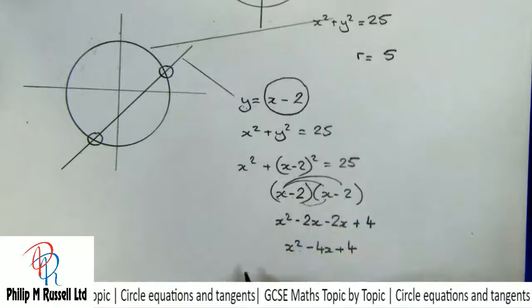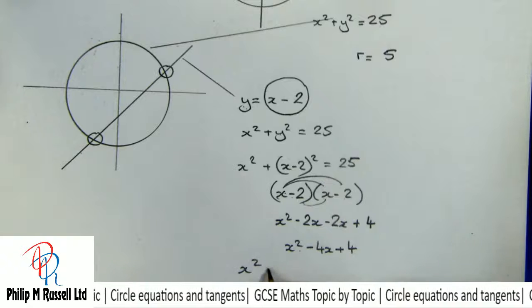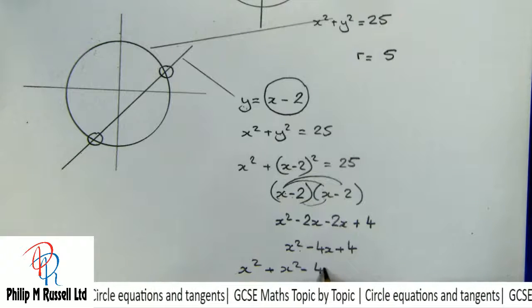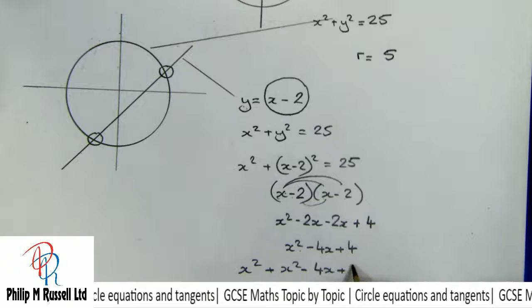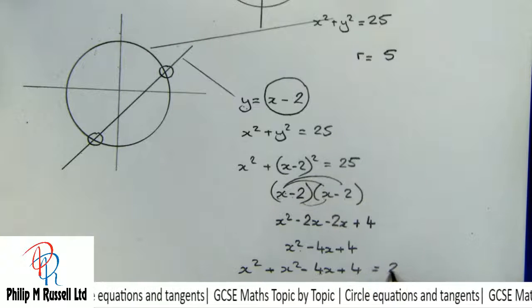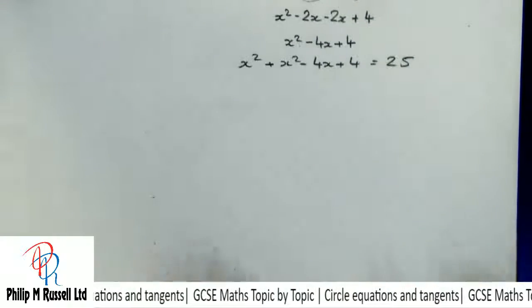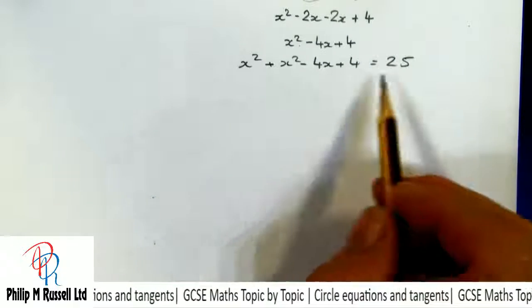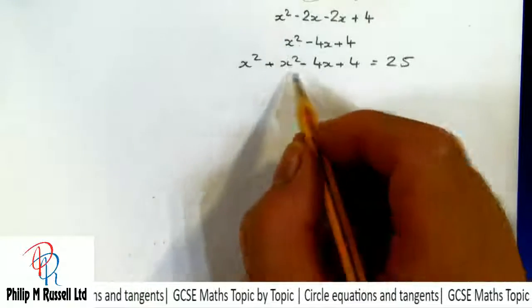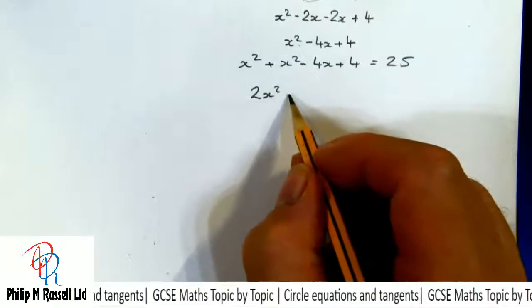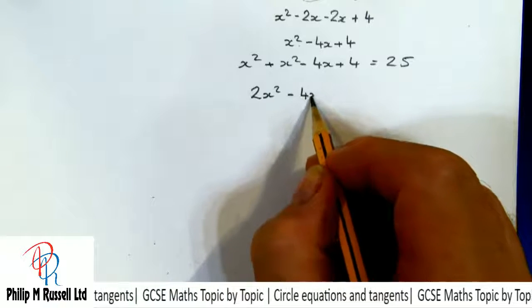That goes back into this equation. So I've got x squared plus x squared minus 4x plus 4 equals 25. Now let's collect all the like terms. So I've got 2x squared minus 4x.